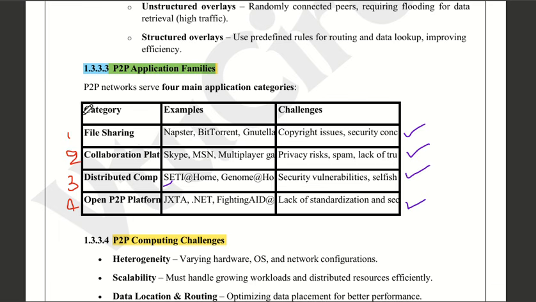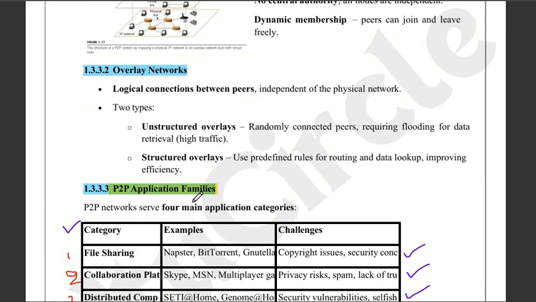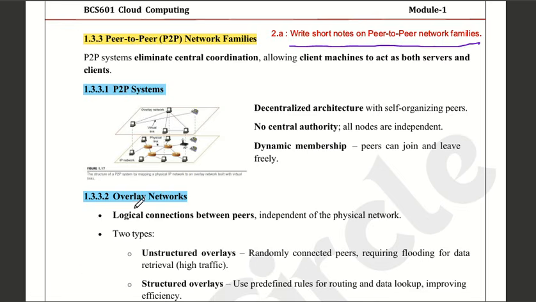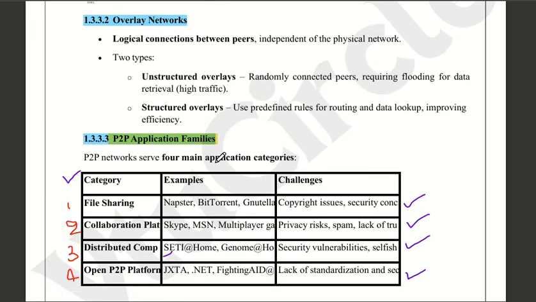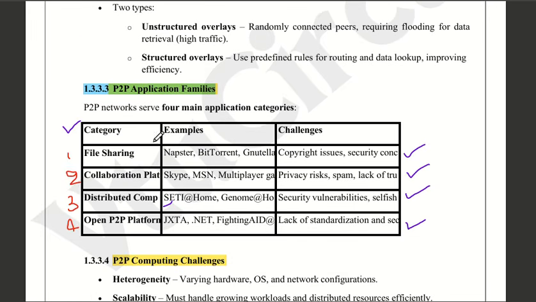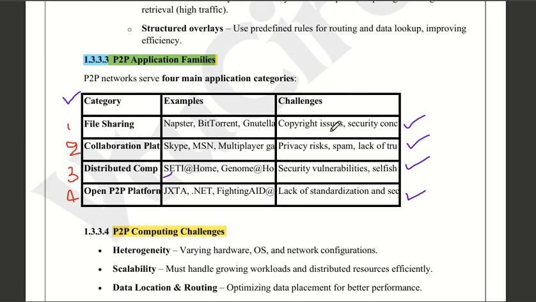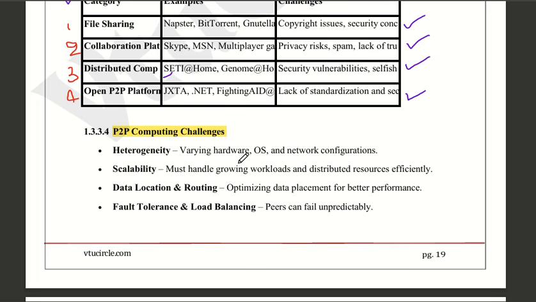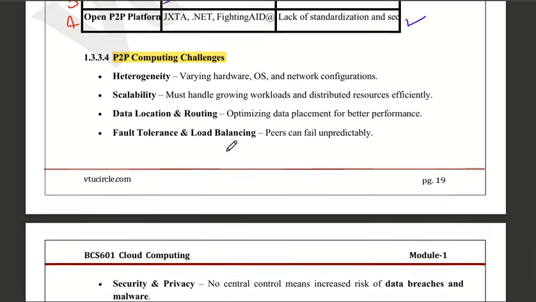You just need to focus on these categories, because they asked about the P2P families. There is the P2P system, overlay networks, and again P2P families. You need to mention these categories along with the examples and challenges.